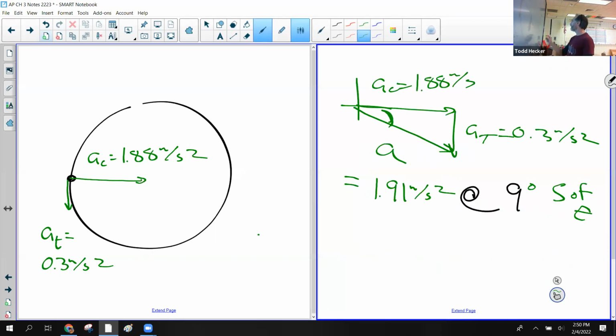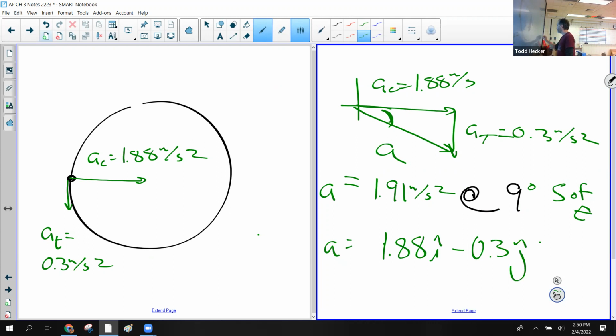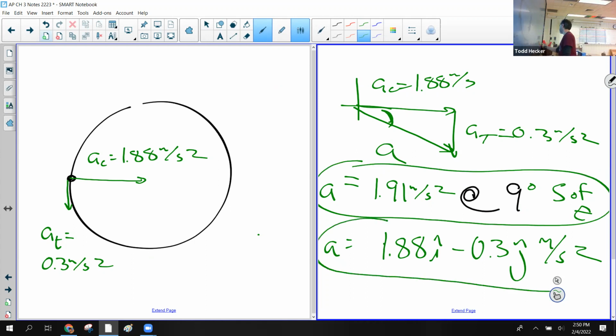Or I suppose if you wanted to, you could write it in unit vector notation. And then it would be 1.88 i minus 0.3 j meters per second squared. So either this or this would be acceptable for your acceleration.